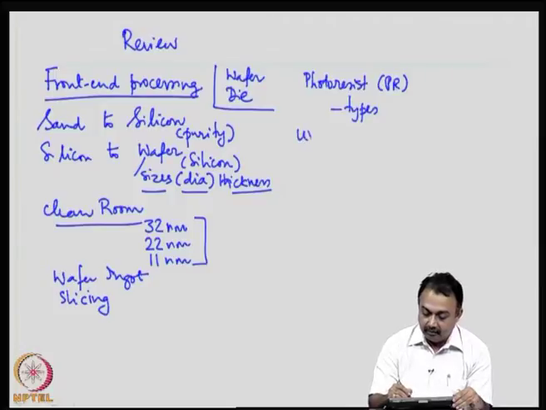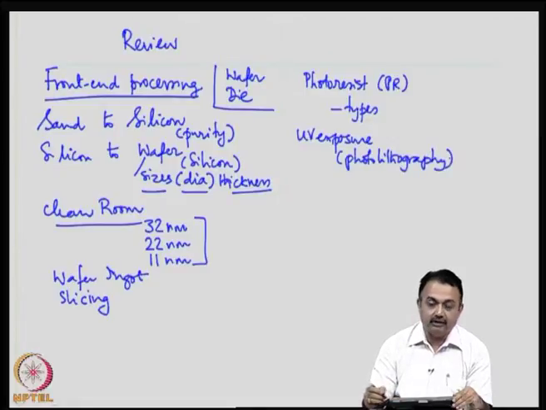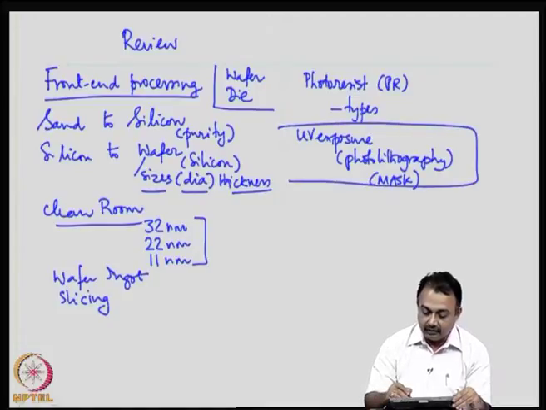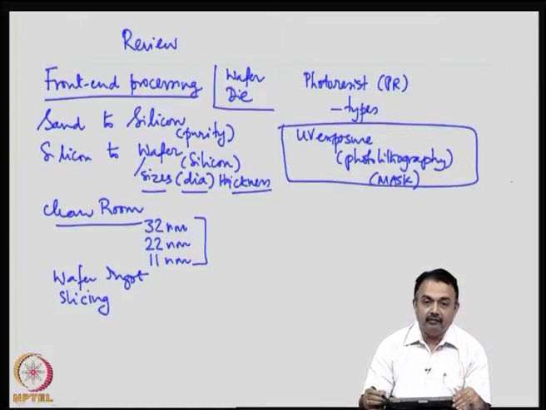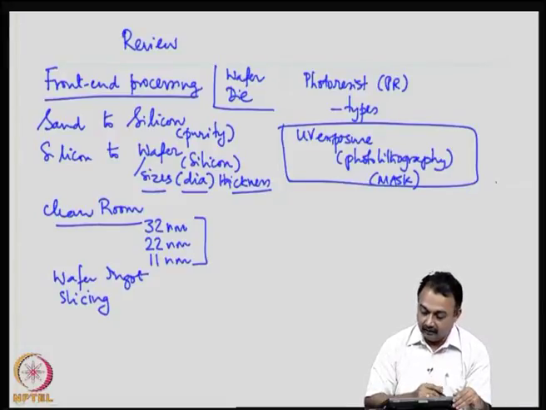Then the all important process of UV exposure, which you can call photolithography, which basically defines the image that you have got in your mask onto the surface of the wafer. So, this becomes a very important, crucial defining moment for the process of the wafer to the die.